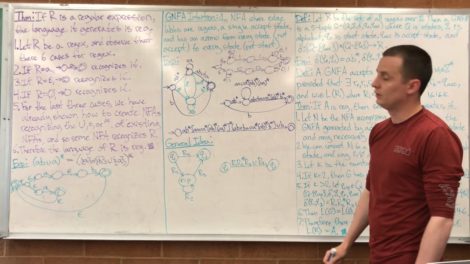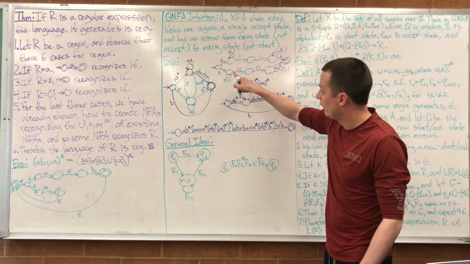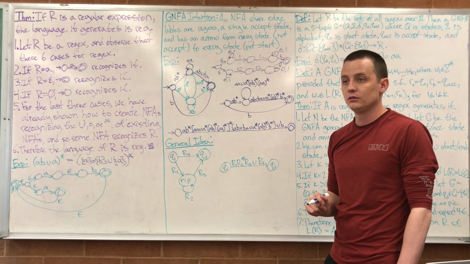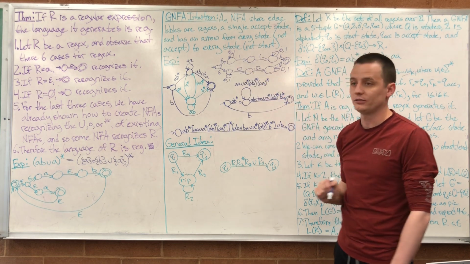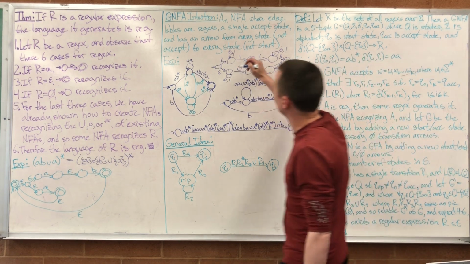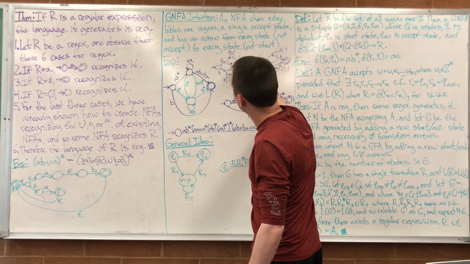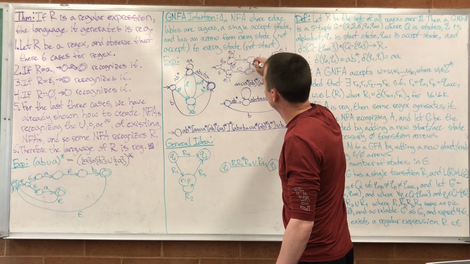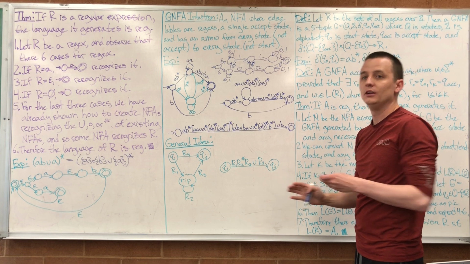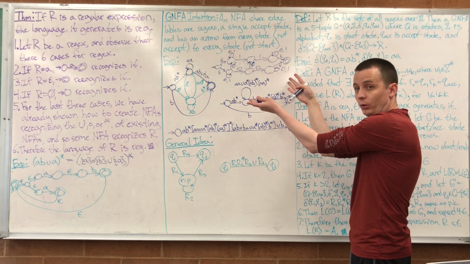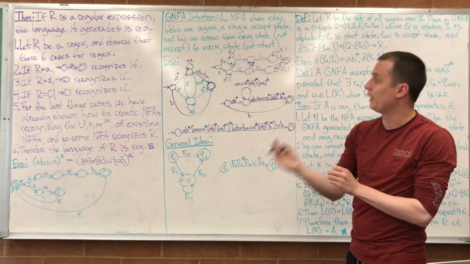Now the other thing that we need to do is create arrows from every state to every other state. Since this machine can't transition from this state to this state, when I add those arrows, I just add them as empty set arrows. If I add all the missing arrows with empty set next to them, the machine is equivalent to what it was before, and now every arrow is a regular expression.